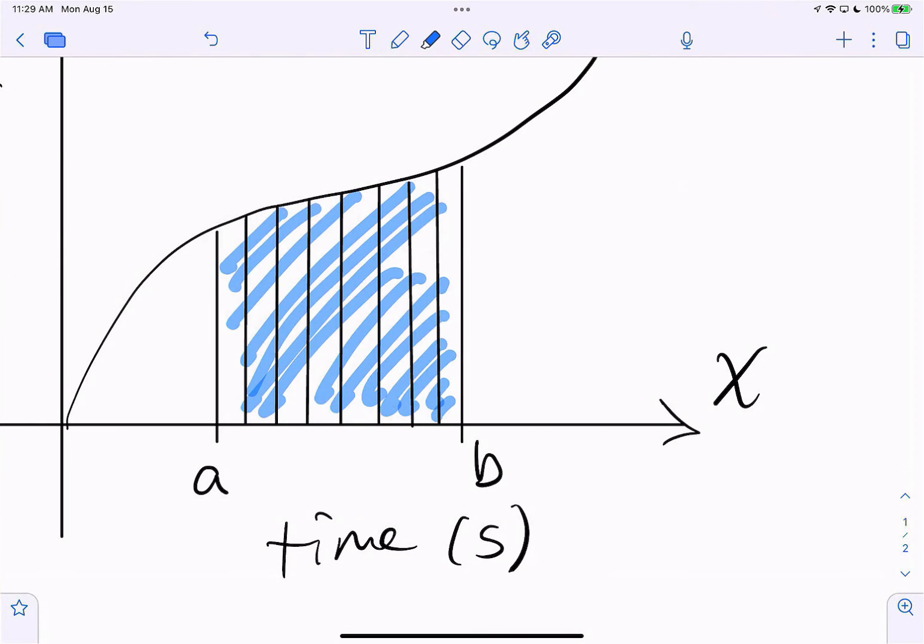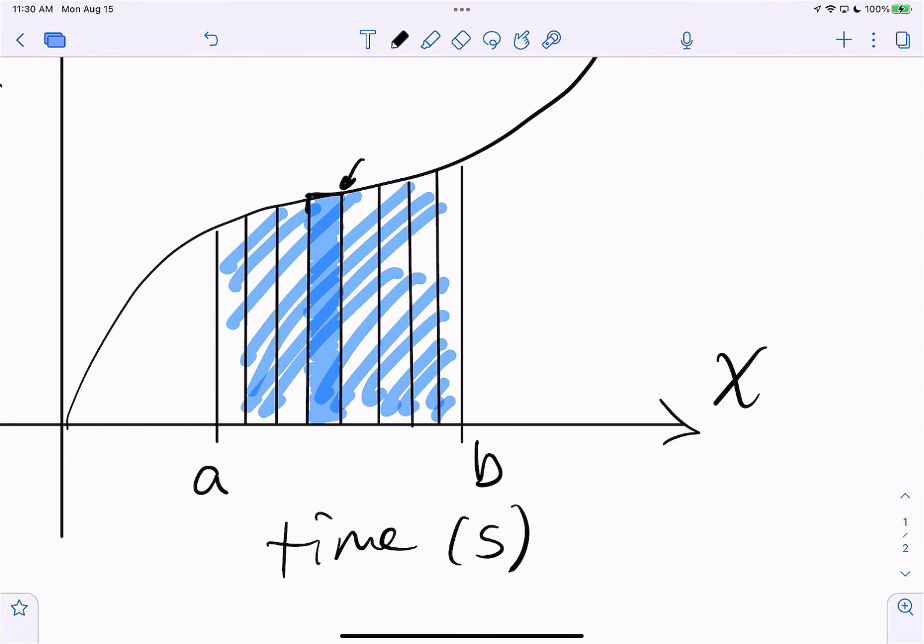Let's pick one vertical region in particular, and let's say I want to approximate the area of this rectangle. So I'll just finish off the rectangle. And you see what I've done is I've used the function height over here as the height of the rectangle.